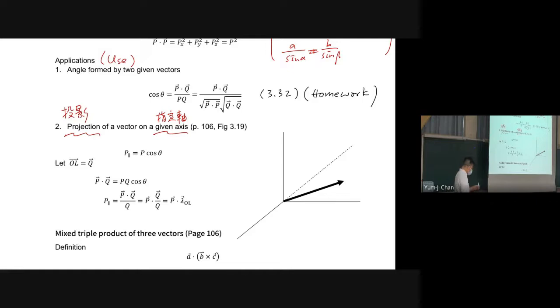So what do we want to do here? We have a vector P here, and we have a line here, OA.